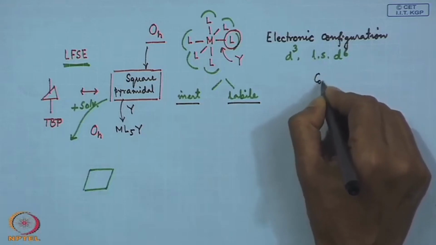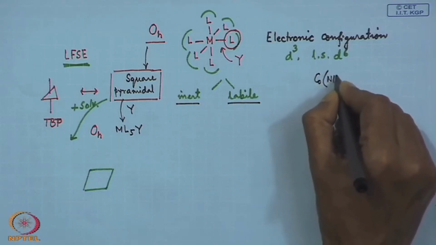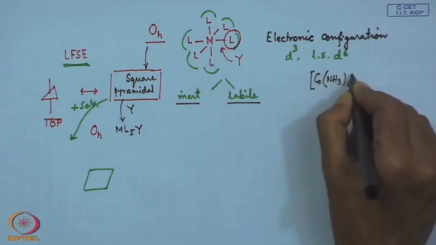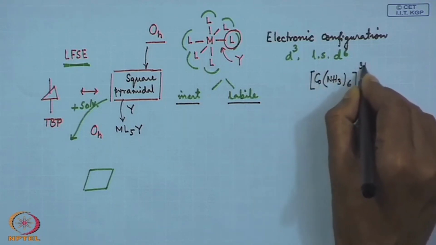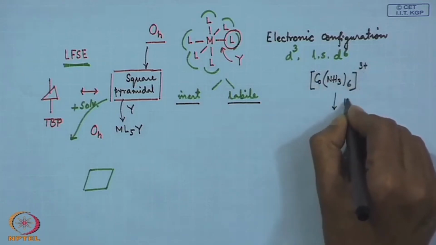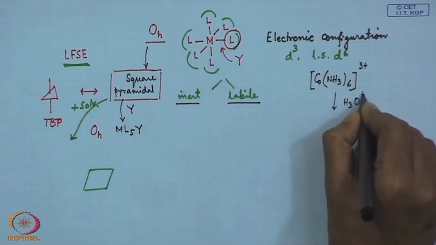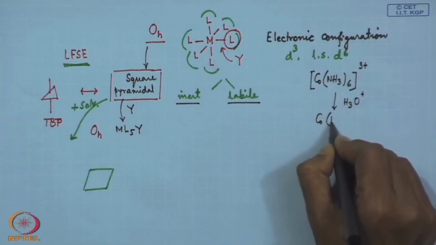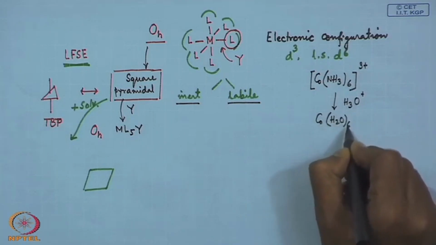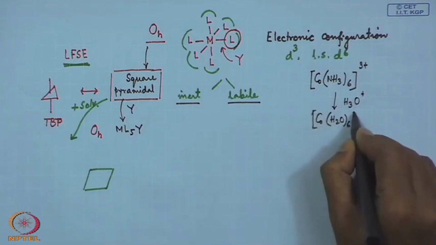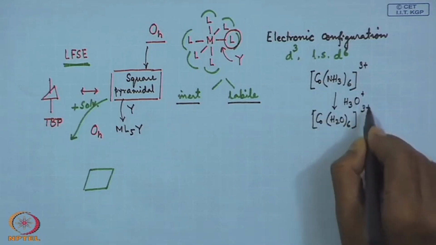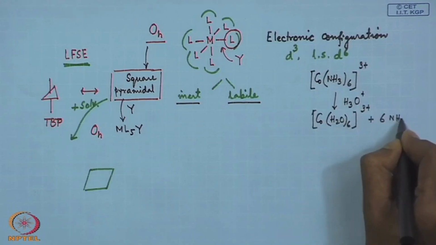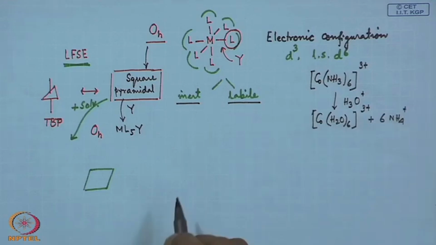What we all know now is how hexaamine cobalt 3 plus can react with H3O plus, giving rise to the corresponding hexaaqua cobalt 3 plus compound and 6 ammonium ion.